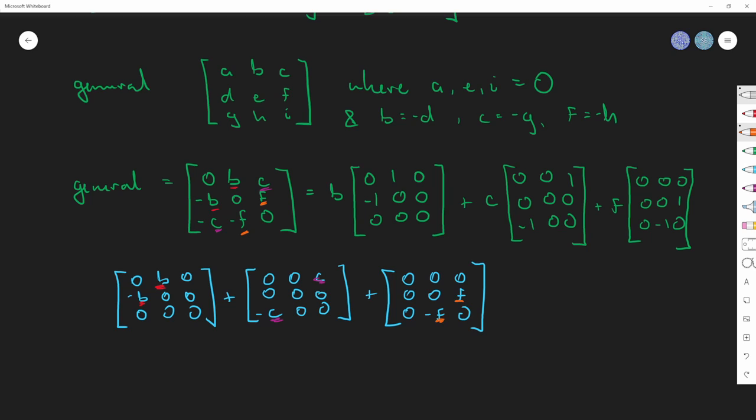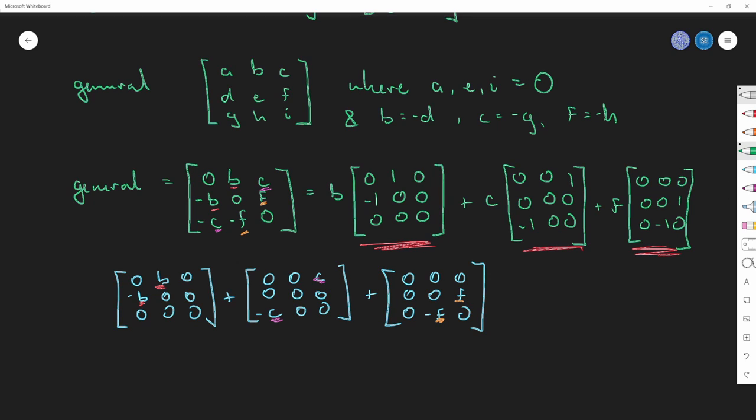And so our bases will be everything that's being multiplied by some variable. In this case, it will be this portion, this portion, and this portion.